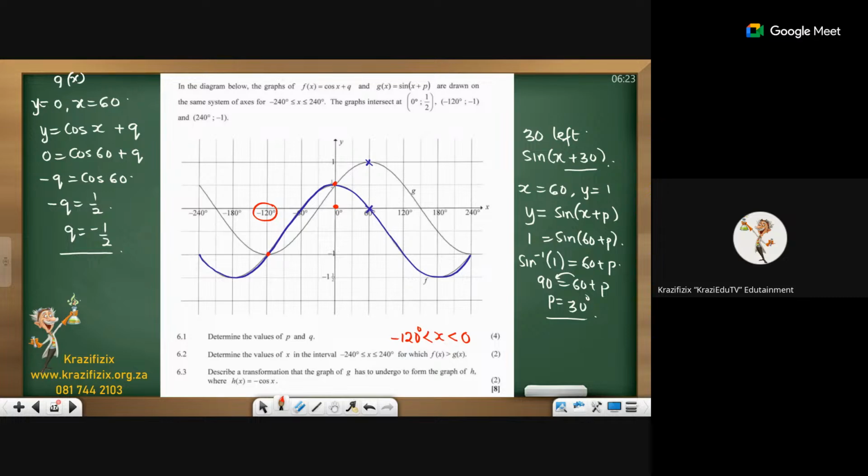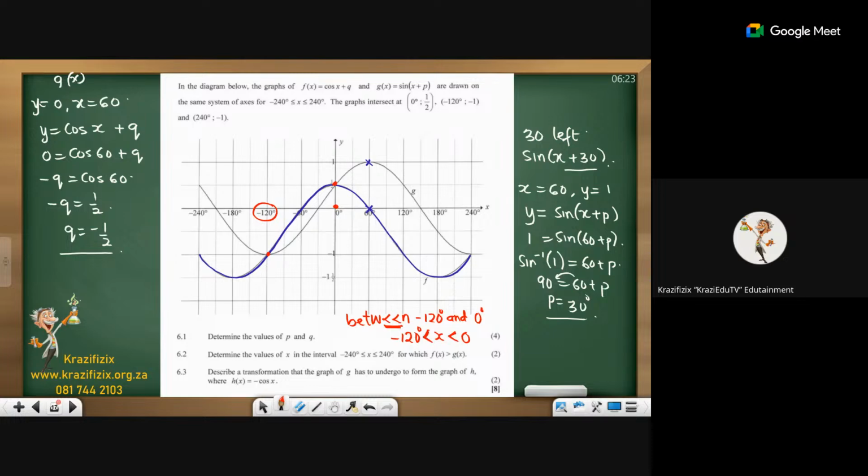They said f of x is above, not f of x greater than or equal to. So we are not looking for equality. We are looking for where it is above. And please, look, guys, I normally write it as we're saying between negative 120. Check my between. Look at my inequality there. That's why my inequality is turned that way.